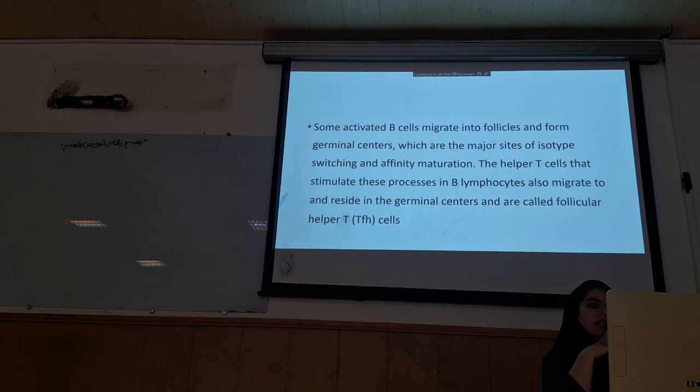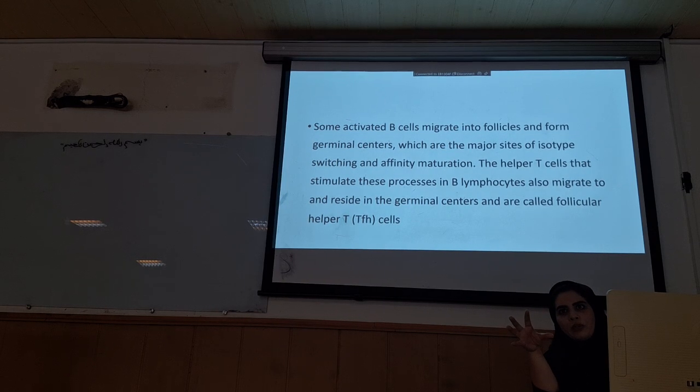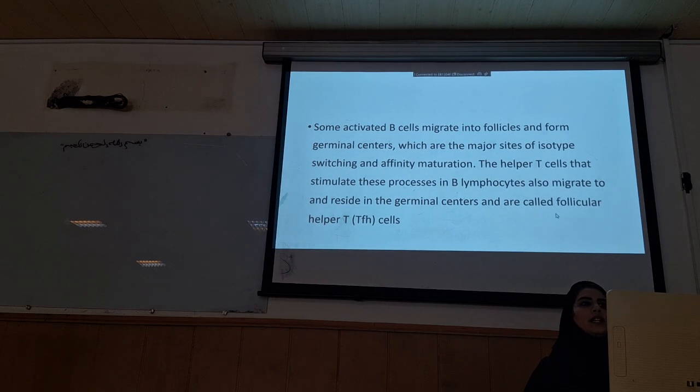The helper T cells that stimulate this process in B lymphocytes also migrate to germinal centers and are called follicular T helper cells. T helper cells are usually present in the parafollicular cortex, but we have a few T helper cells in the germinal center for the process of affinity maturation and isotype switching. We call them follicular helper T cells, TFH cells.